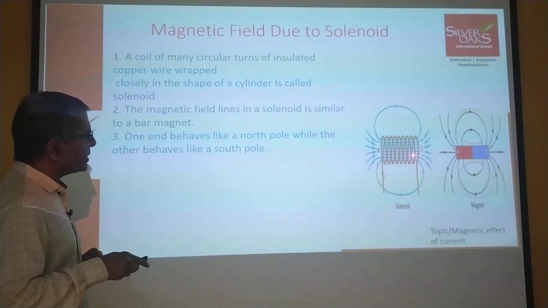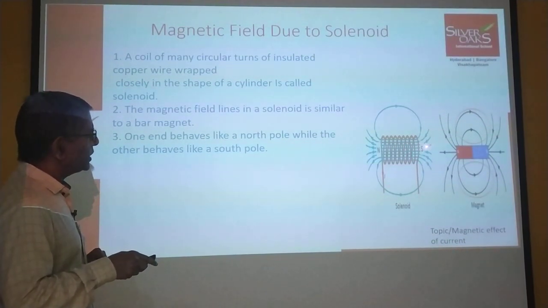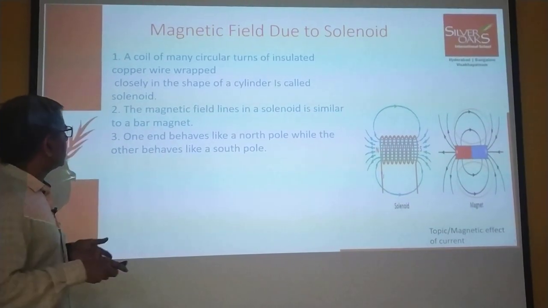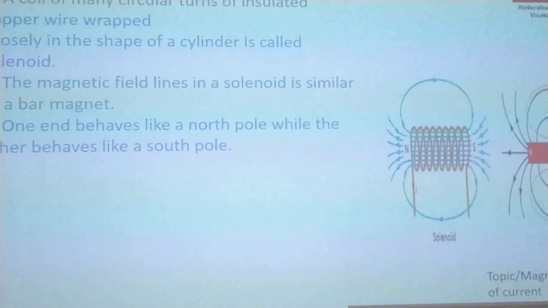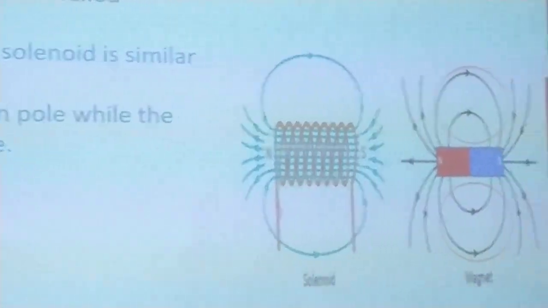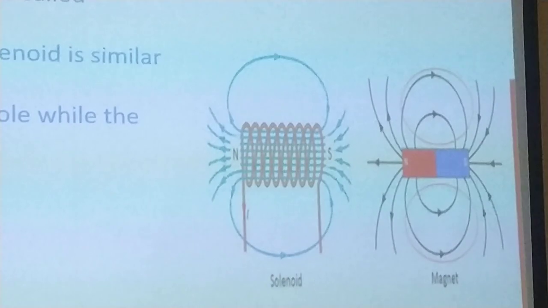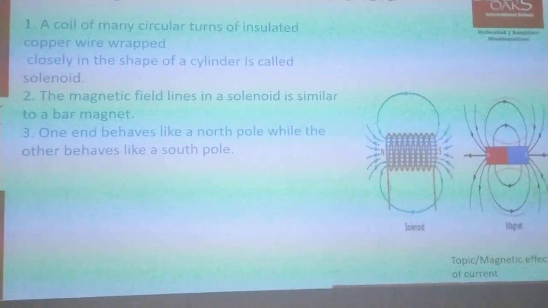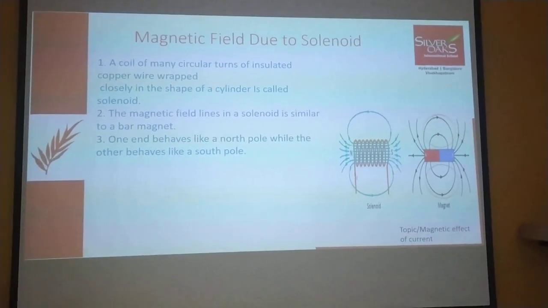Exactly the same thing happens in the solenoid. You see this becomes the south pole and this becomes the north pole. So the copper wire winding is done in the form of a cylinder. One end of the solenoid behaves like a north pole, while the other behaves like a south pole.